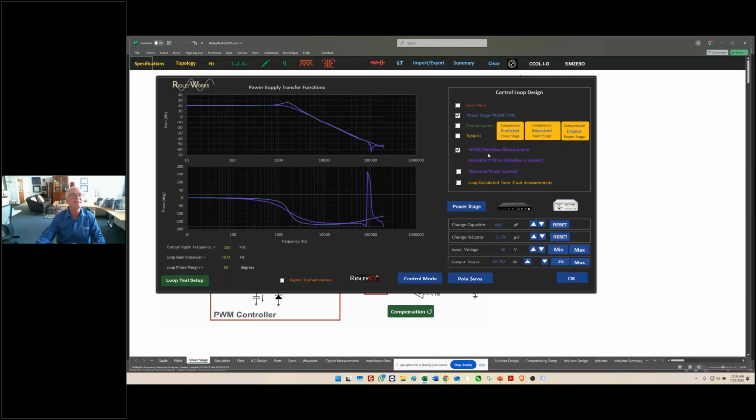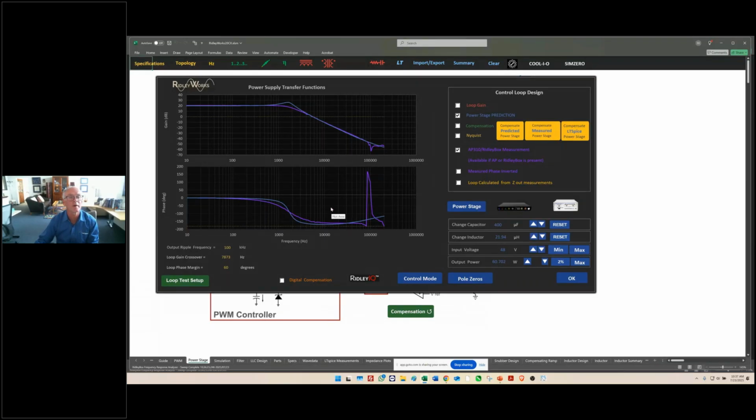So down at DC, yep, DC gain is good. Down at high frequencies, yep, everything looks pretty good there. When I see this noise in a paper or an app note, I'm happy because I know that's somebody that went and measured their loop. When I see little glitches in there, I say, okay, this is not just theory, this is somebody who did some hardware. So that always makes me happy.